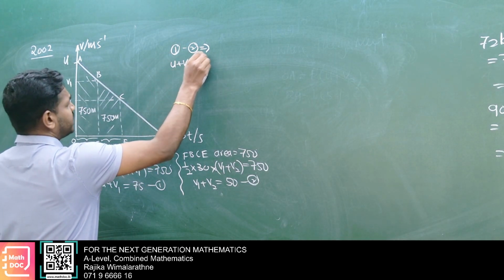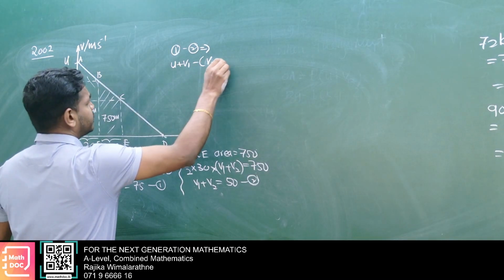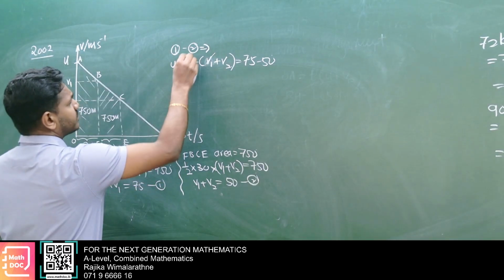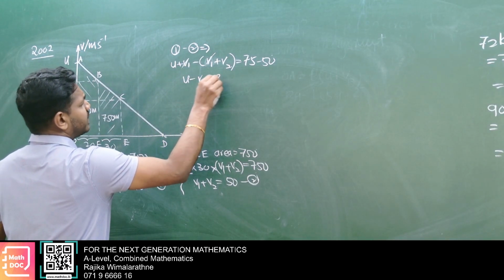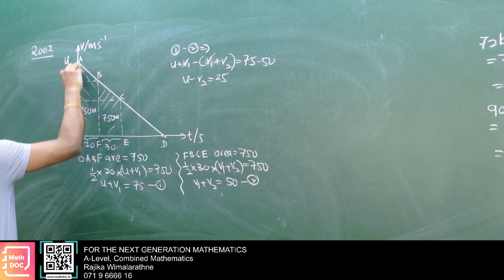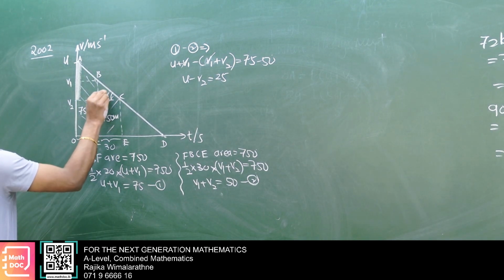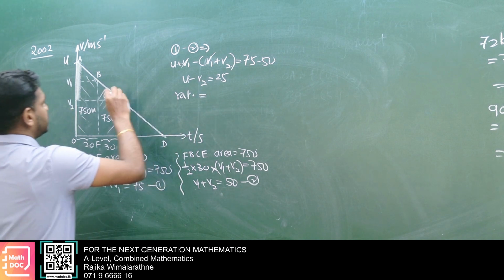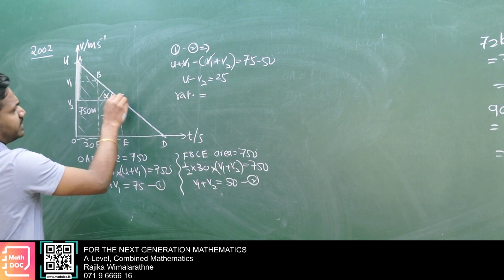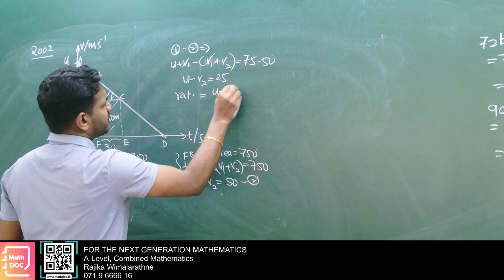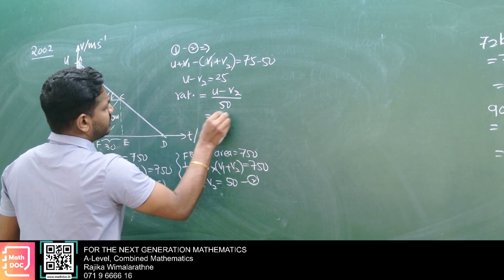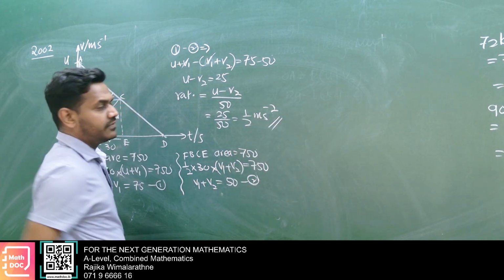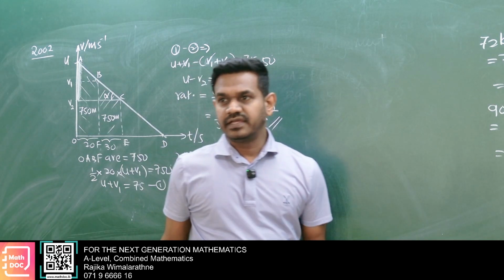Then U plus V1 minus V1 plus V2 is 75 minus 50. U minus V2 equals 25. U minus V2 means here this length. Therefore, you can easily find the retardation. Retardation equals U minus V2 over 50, which is 25 over 50, half meters per second squared.